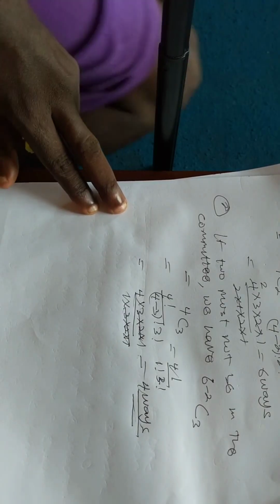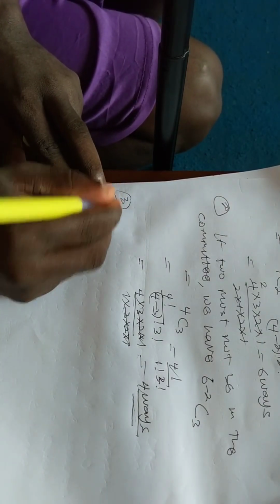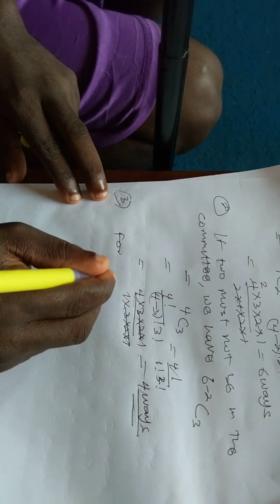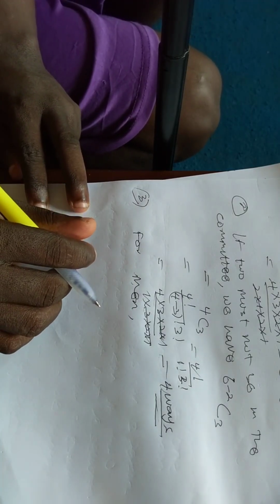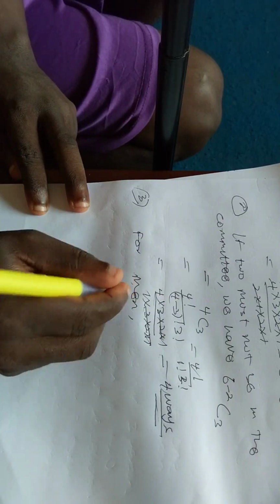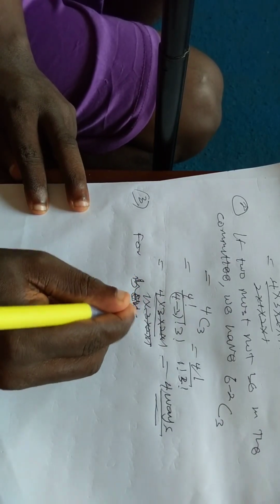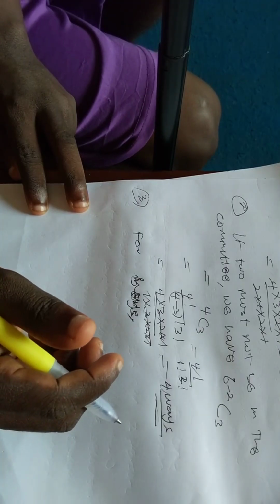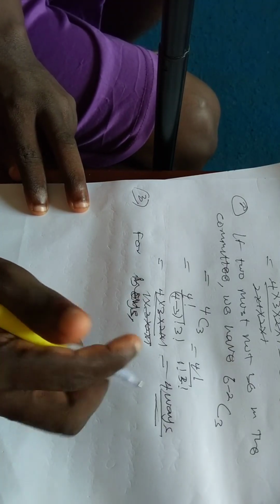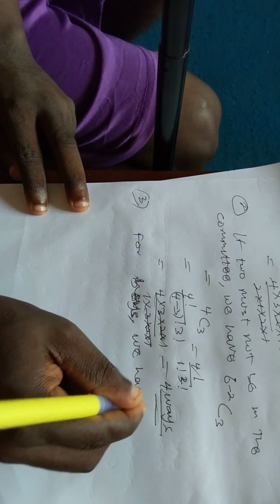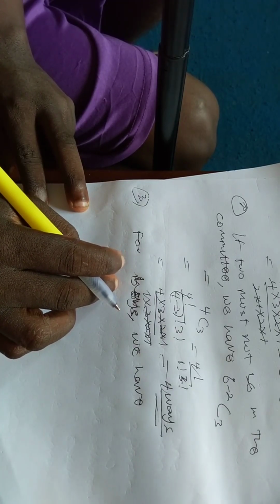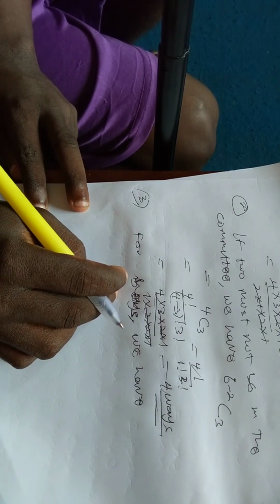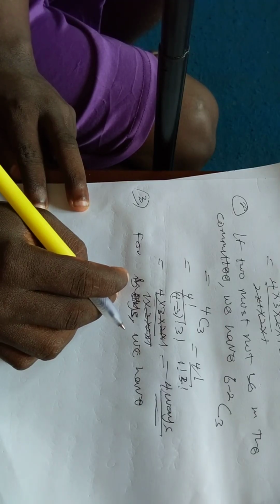So number 3, for boys. In how many ways can a committee of 3 boys and 5 girls be formed from 5 boys and 7 girls?